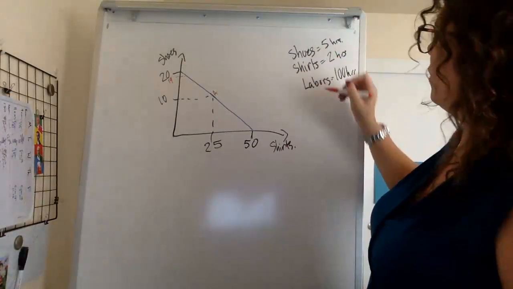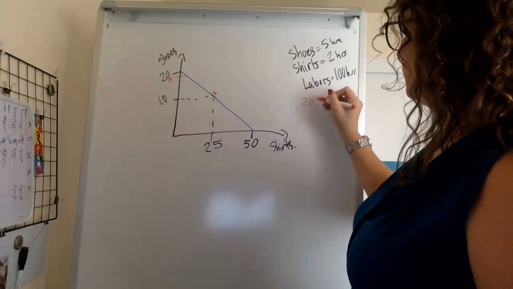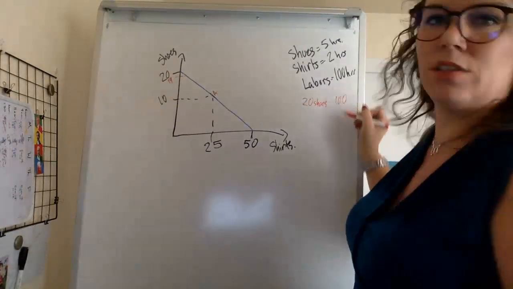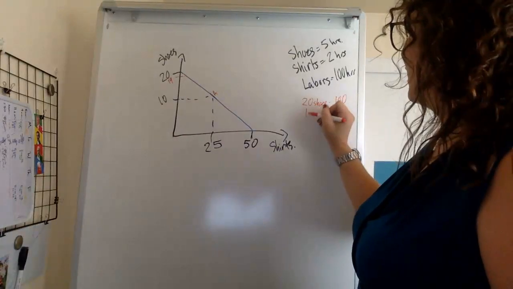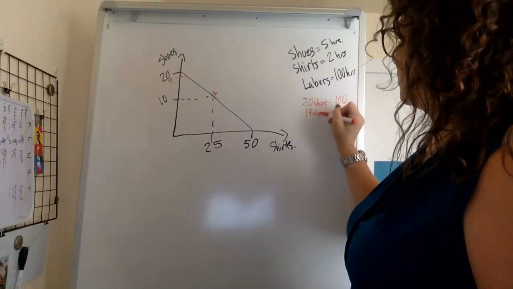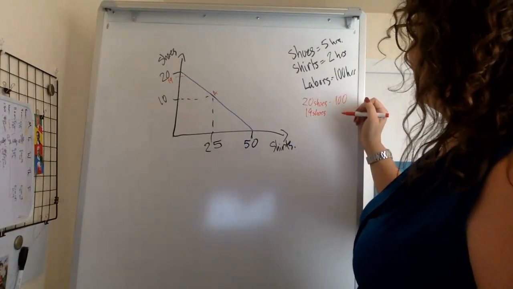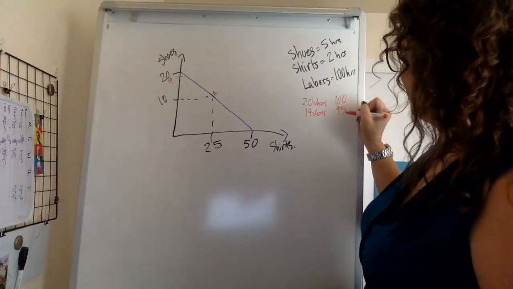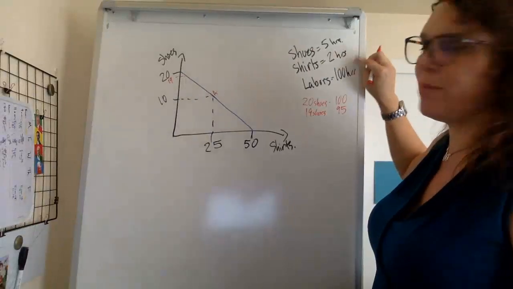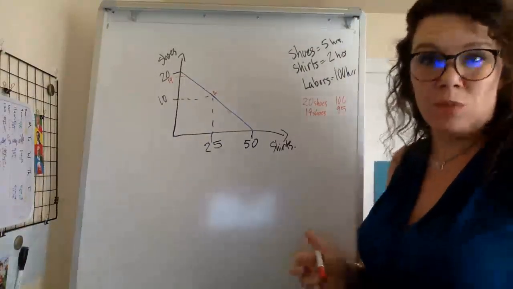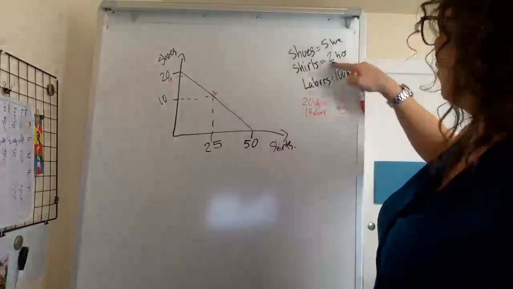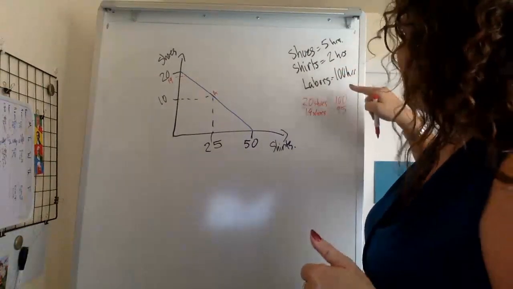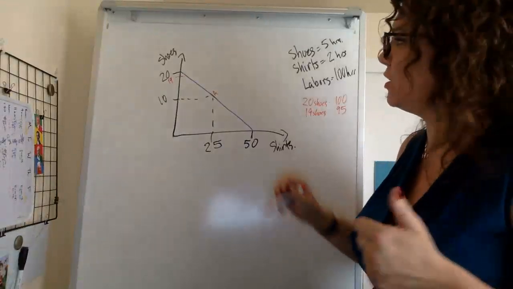If we give up 1 pair of shoes, if we go from 20 shoes in 100 hours to 19 pairs of shoes, that's going to take us 5 hours less. We're going to only spend 95 hours. That means we'll have 5 hours to make shirts. How many shirts can we make in 5 hours? Well, it takes 2 hours to make each shirt. So we can make 2.5 shirts in that time.